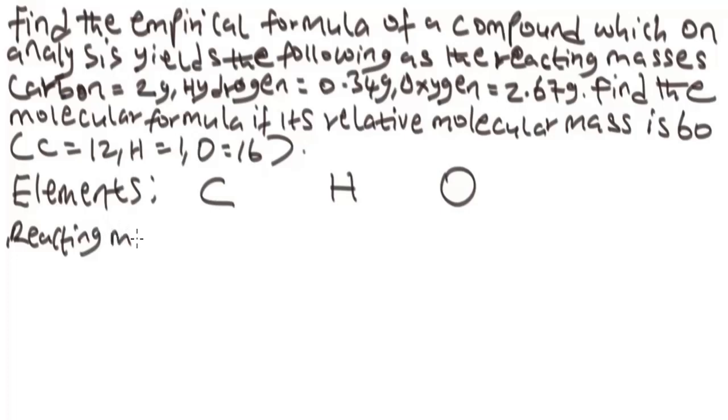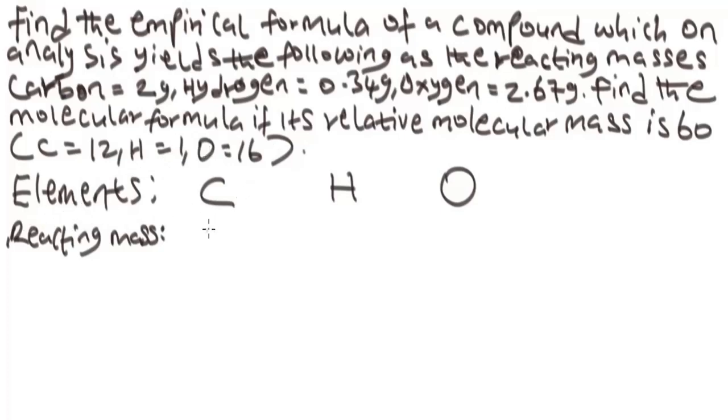Now note that there are some questions that come with percent composition instead of reacting mass. In such a question, you write percent composition here, but since what we have is the reacting mass, we make use of the reacting mass.